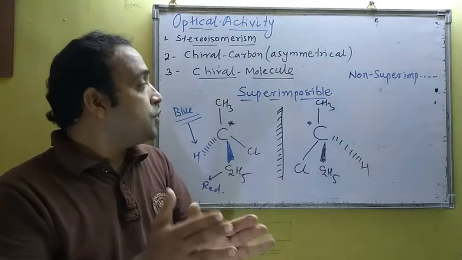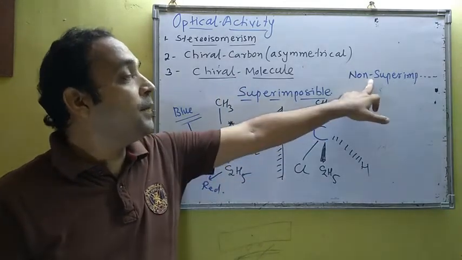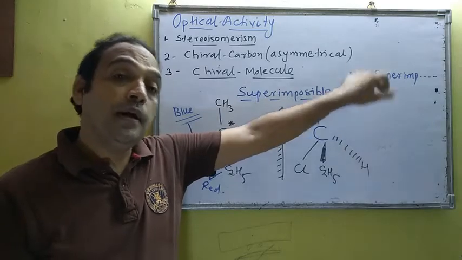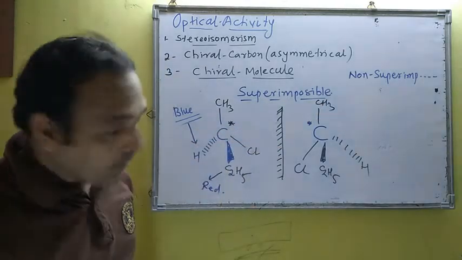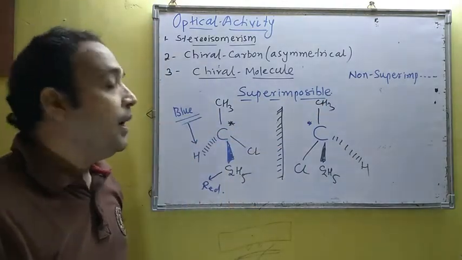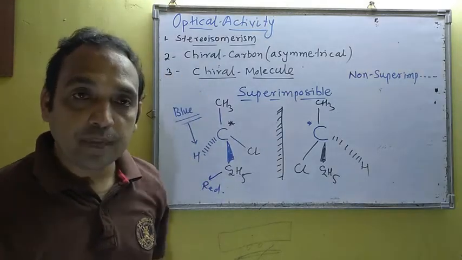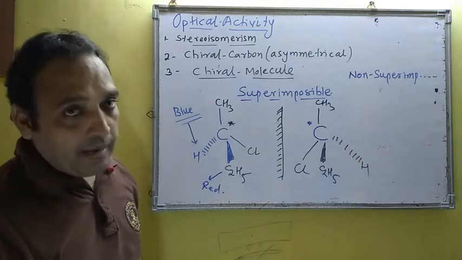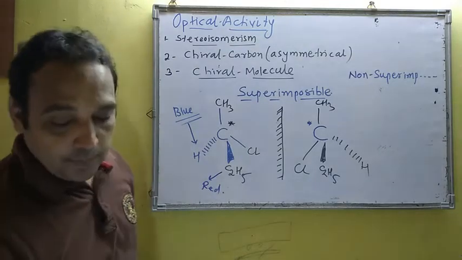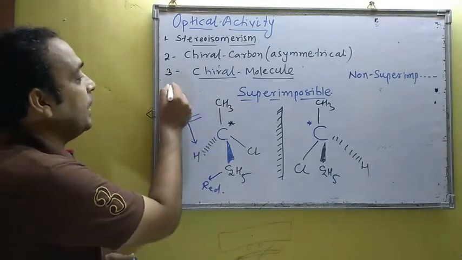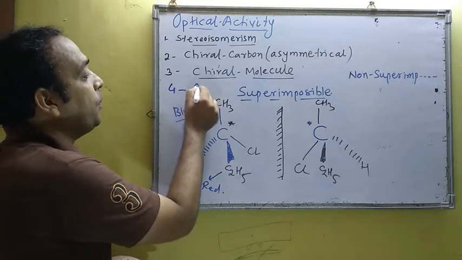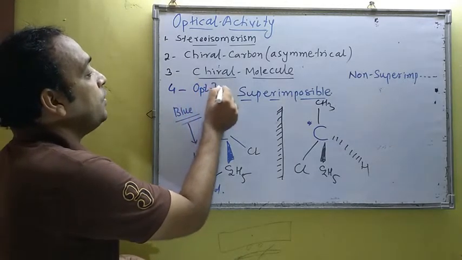Cannot be superimposable means non-superimposable. Now students, after this chiral molecule, my concept is optical isomerism. Our point number 4 is optical isomerism.